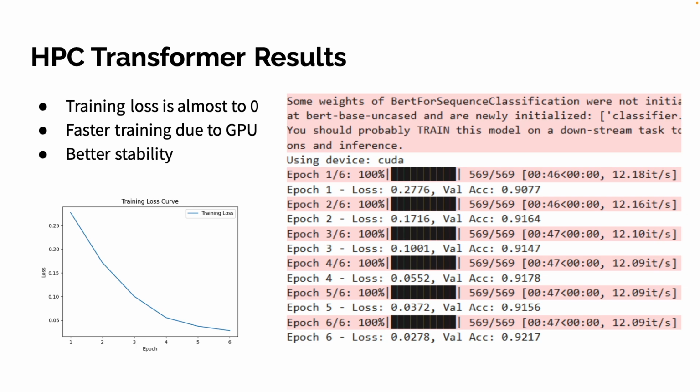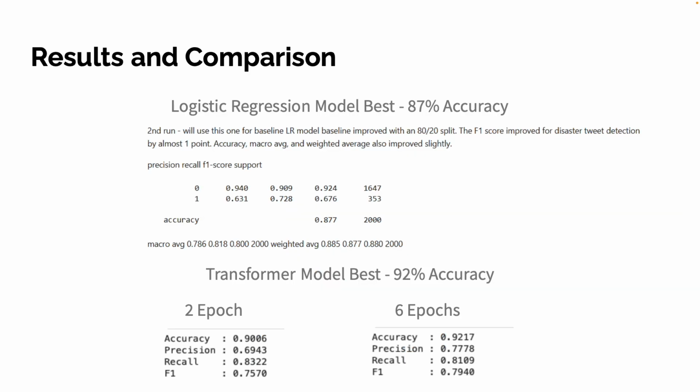These are the best results for our transformer model. At the last epoch, you see the lowest training loss, 0.02, and validation accuracy at 0.92. So the model was learning really well and was able to distinguish between disaster tweets and non-disaster tweets pretty accurately.